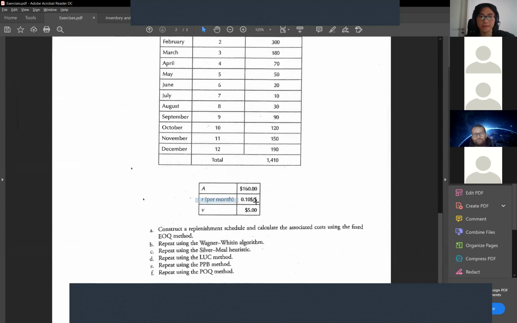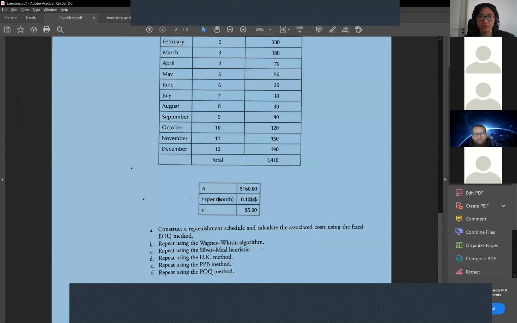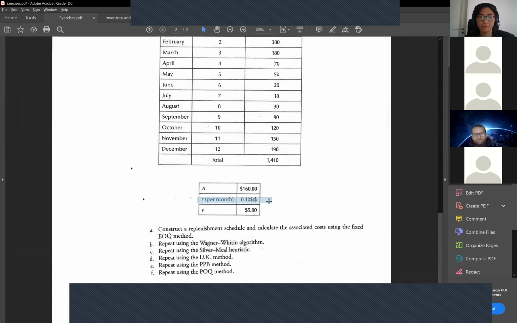The reason I multiply it by 12 is that this inventory holding cost R is per month, and if we multiply it by 12, then R will be per year, right? So 1.2 will be the inventory holding cost per year.